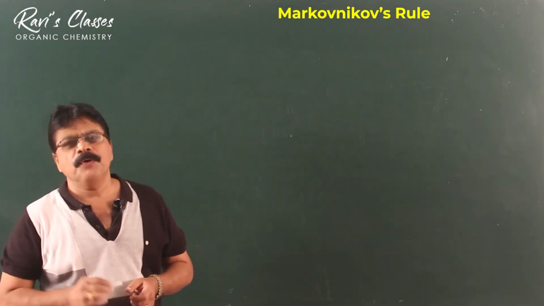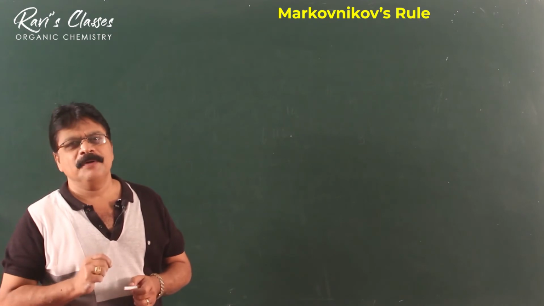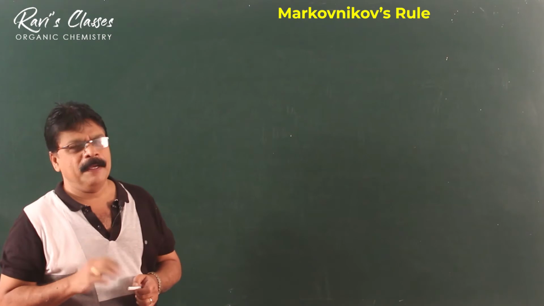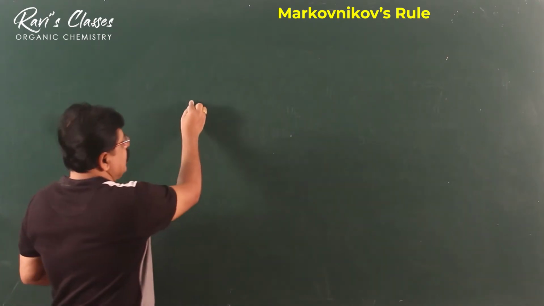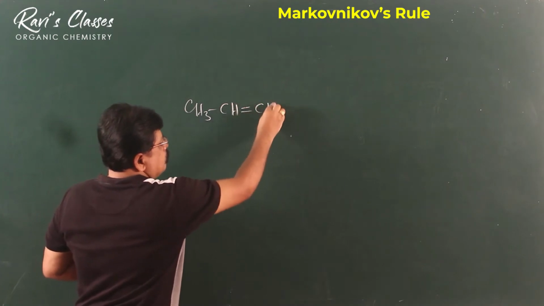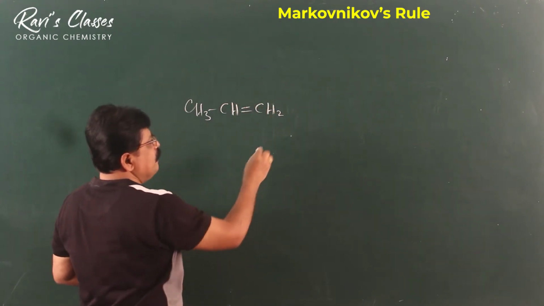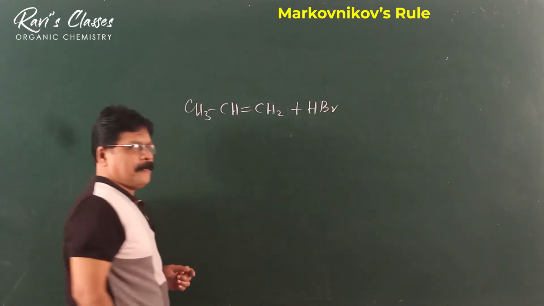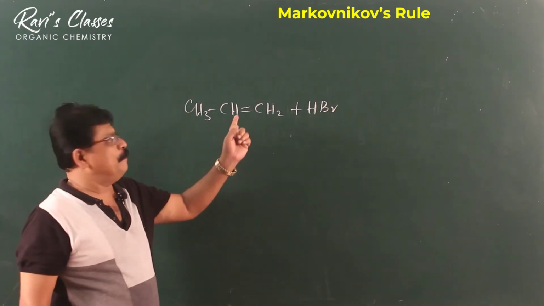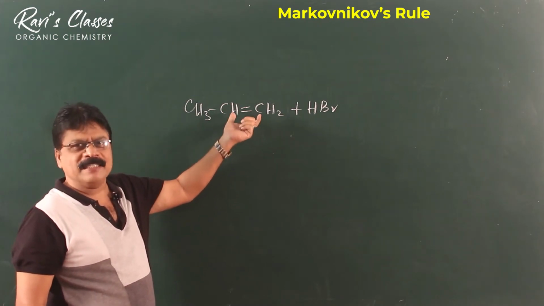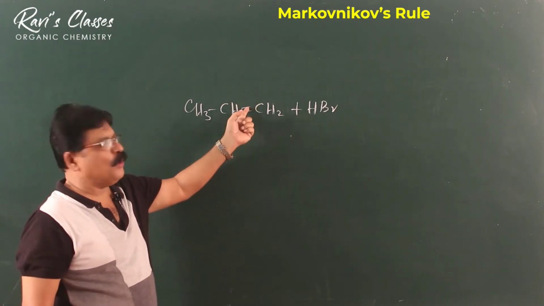Now, we are going to talk about the mechanism of an addition reaction shown by alkenes. I am going to take an unsymmetrical alkene. Whenever it is treated with an unsymmetrical addendum, HBr, the pi bond is the unstable part because it is a high energy thing, and it wants to become stable.